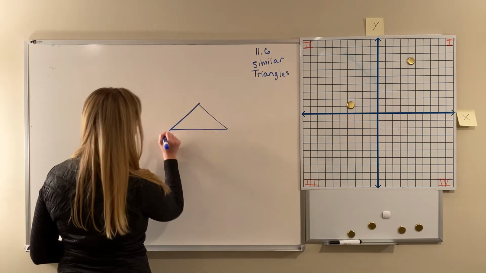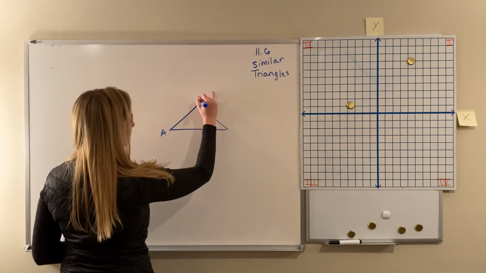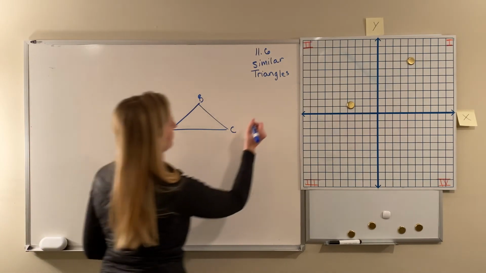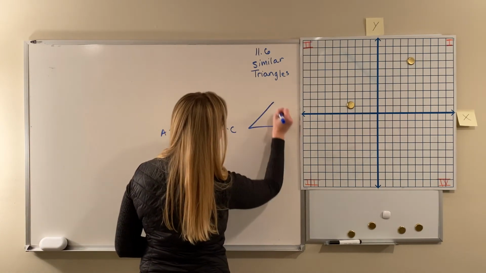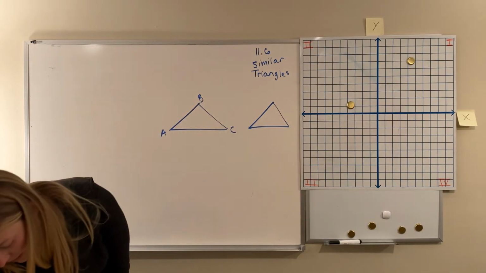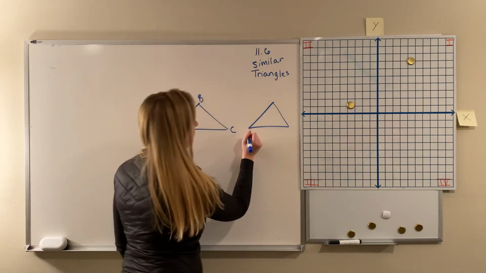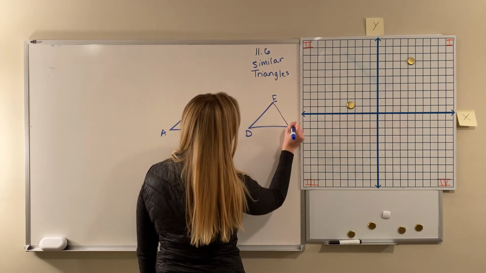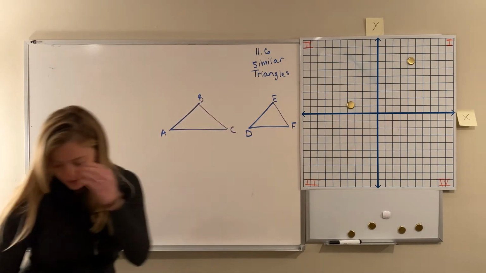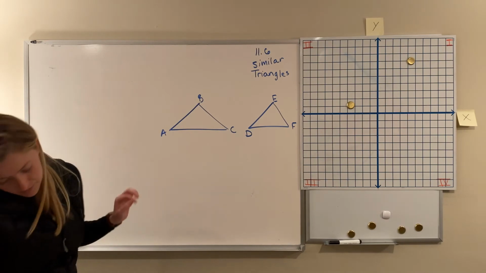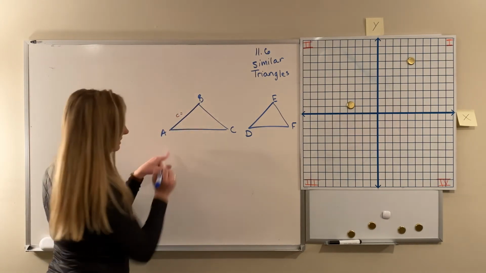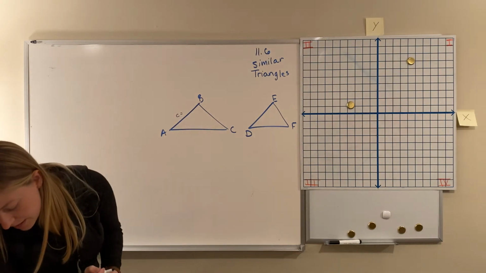Off to the right of your page, triangle A, B, C. And then you have a smaller triangle right there. That's D, E, F. And these are all marked with capital letters. And then they're giving you these side lengths. So here, AB has a lowercase c next to it to represent its side length.